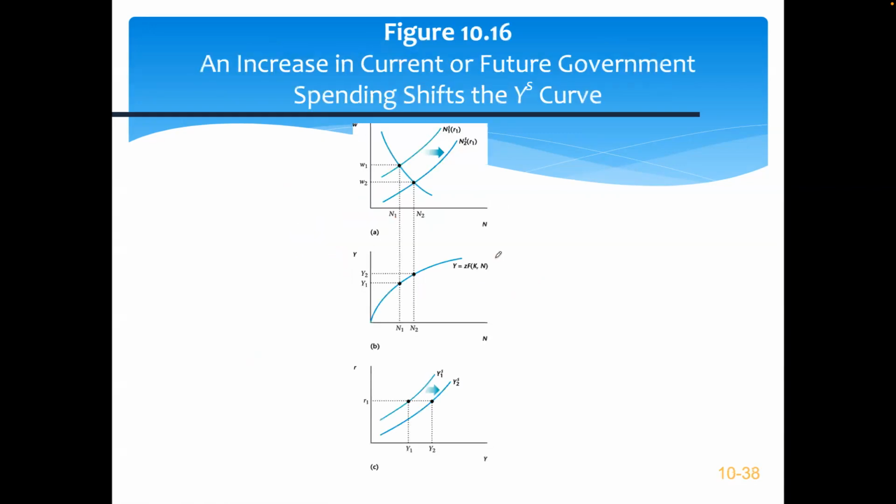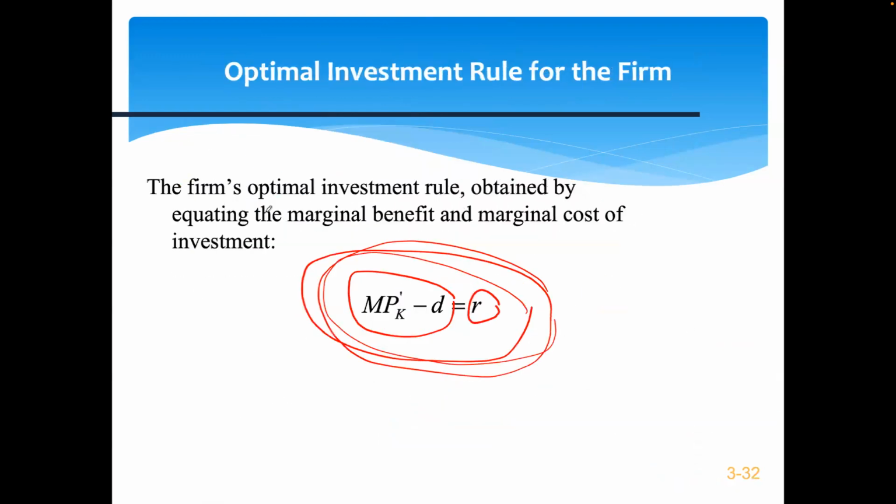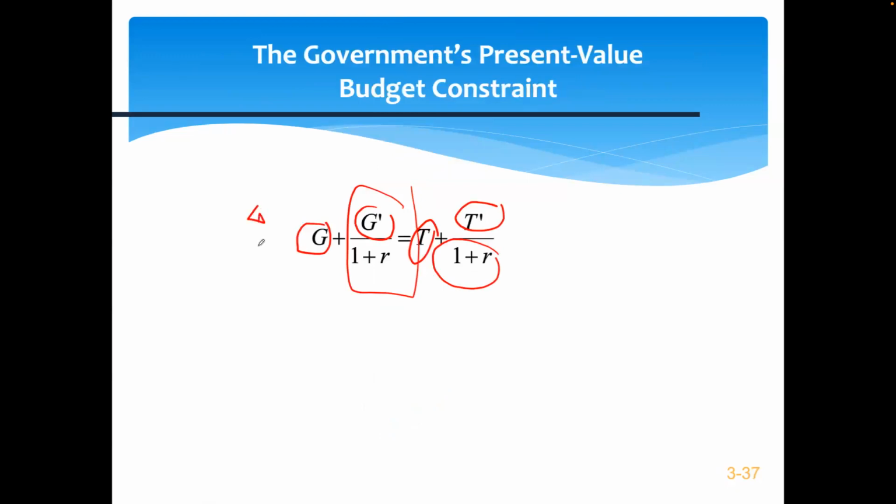Okay. So now let's see. If there's an increase in current or future government spending, how would that affect supply? Okay. So start with this one. If the current government spending increases, this just means the households are going to have lower income. Why? Because look at here, if the government increases spending, it must be the case that they must increase tax.